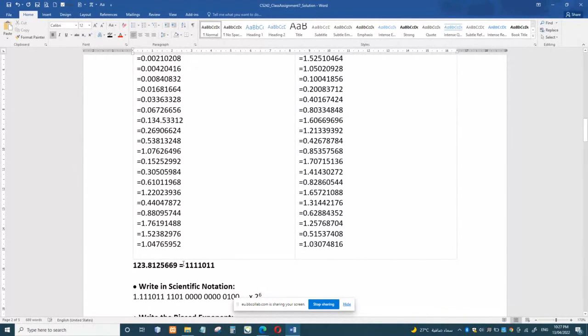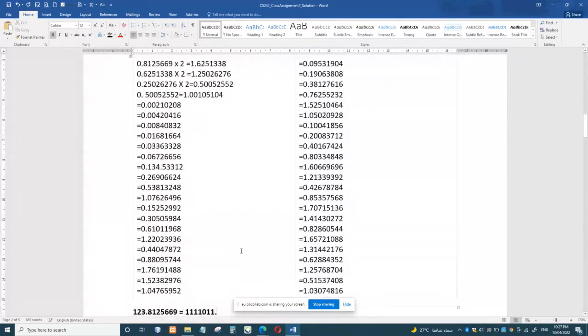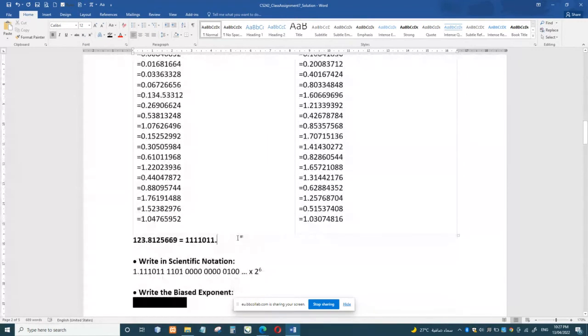So that's the representation of 123. Then the decimal point. Then we have 1101. Then we have 9 zeros: 1, 2, 3, 4, 5, 6, 7, 8, 9 zeros. Then 1000. If we stay, you can leave it like this.